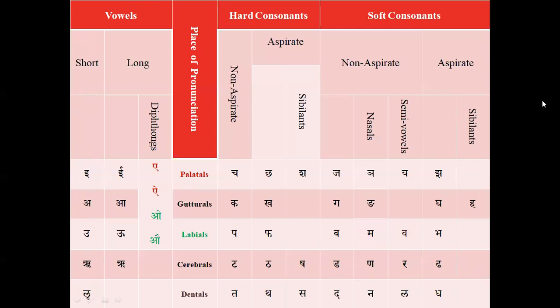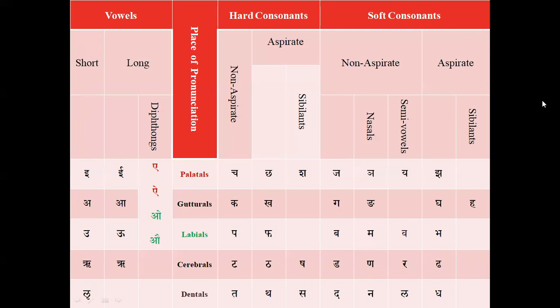And cha, chha. Cha is alpa prana, non-aspirate. That is also palatal. Chha is mahaprana, aspirate. It is palatal. And the sibilant sha is palatal. The soft consonant ja is palatal, and the nasal nya is palatal.